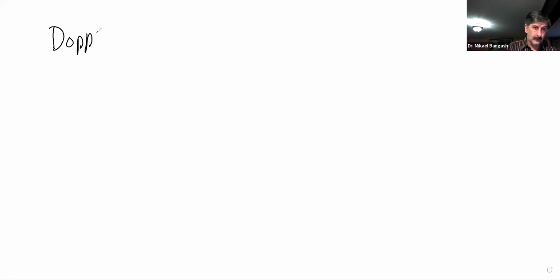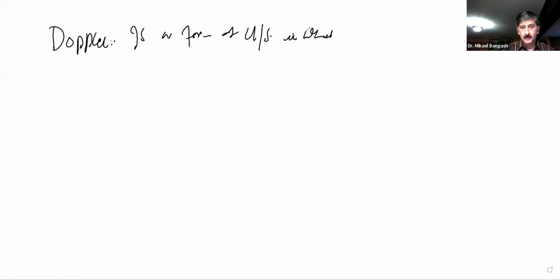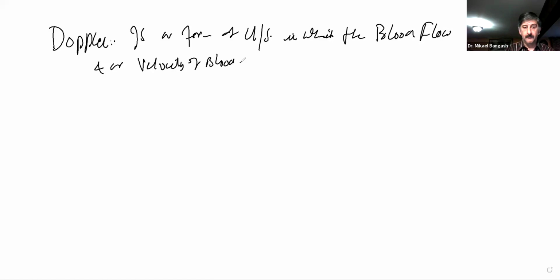Now, guys, please keep in mind that Doppler is a form of ultrasound in which the blood flow and/or velocity of blood is studied. Is that clear?